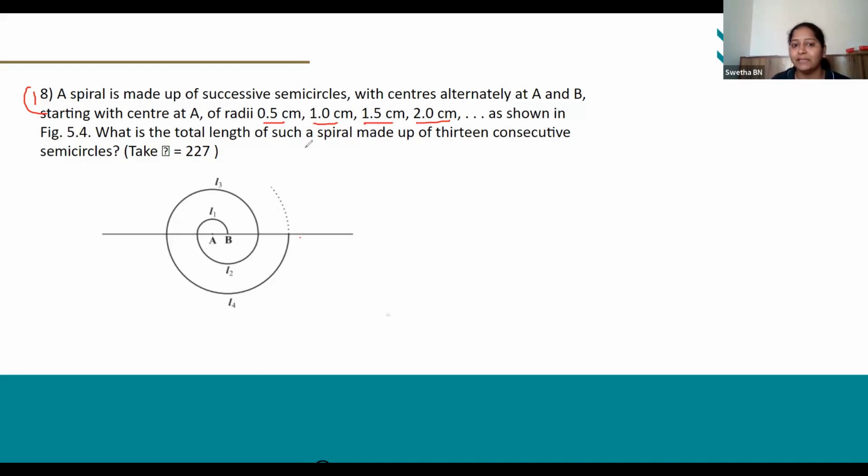What is the total length of such a spiral made up of 13 consecutive semicircles? Okay, see, this is spiral, children.